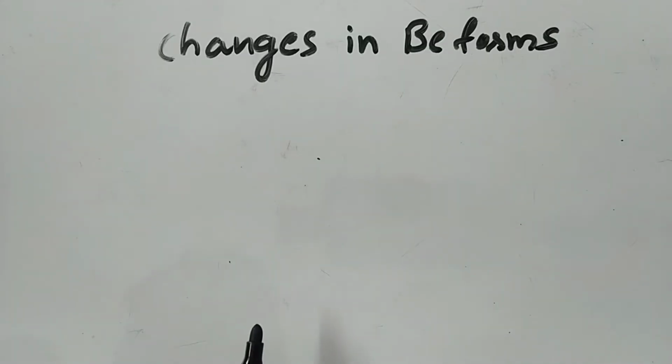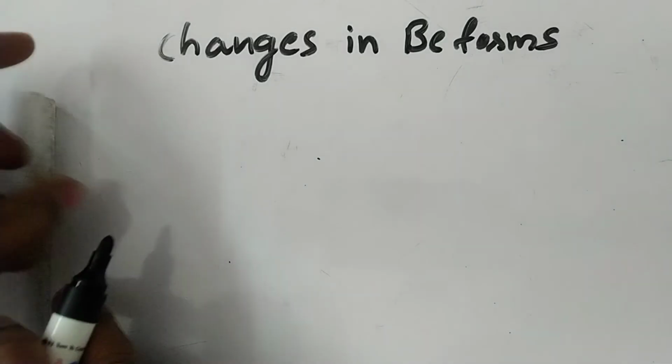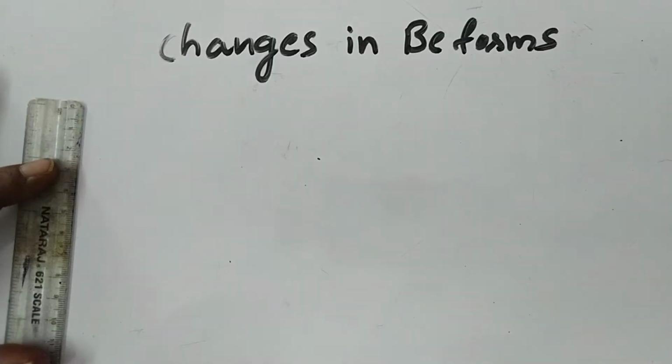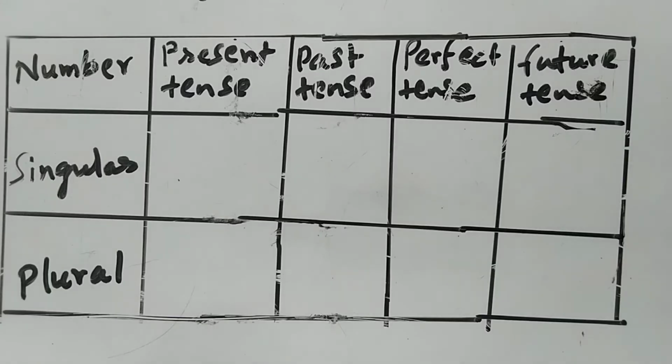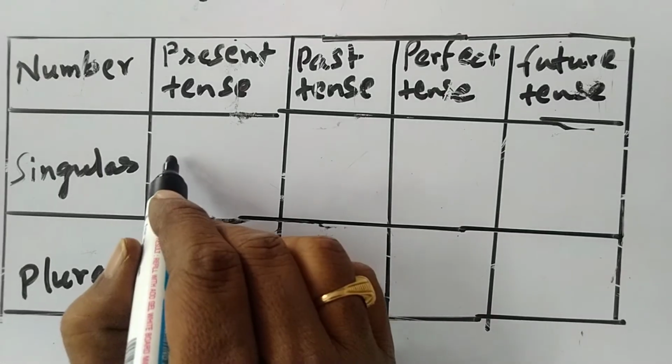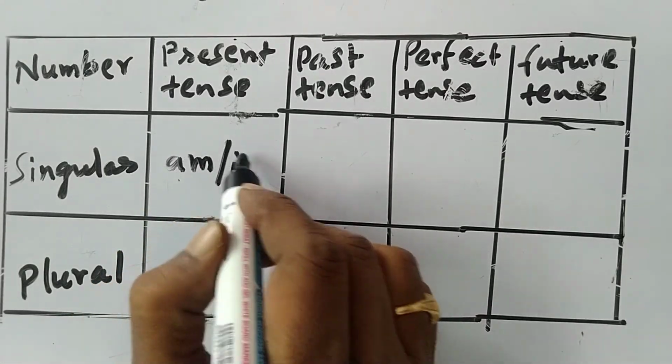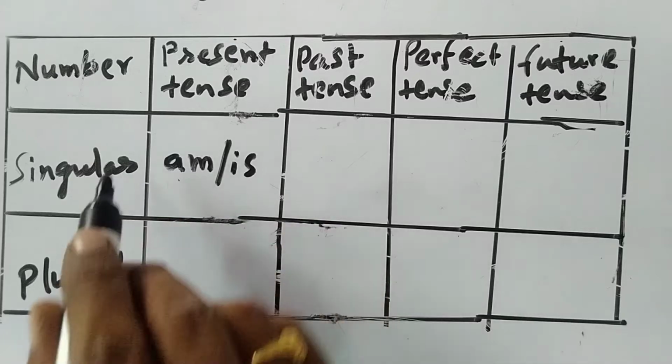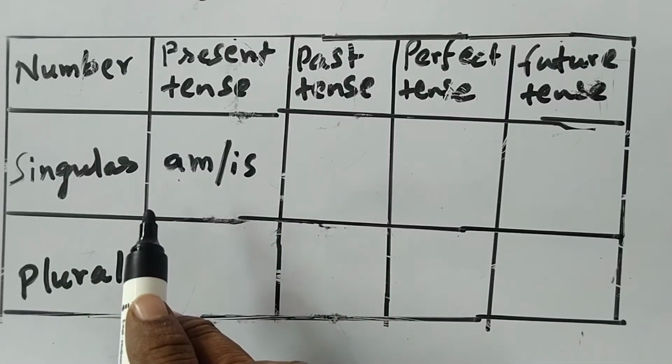Next, changes in be forms. We have to know how the be forms will be changed. In present tense we have to take am or is when the subject is singular.